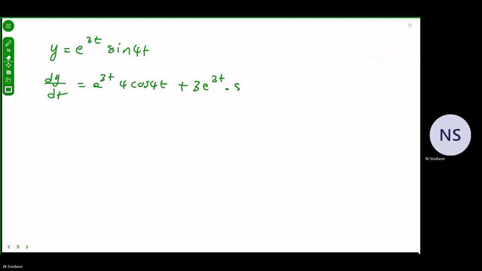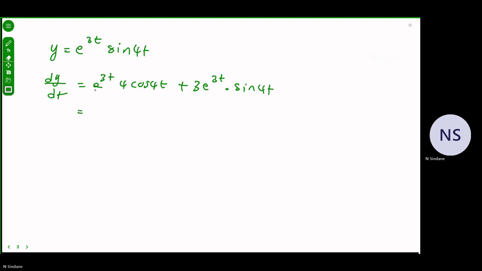Now, let's say you have y is equal to e to the power 3t sine of 4t, and they want you to differentiate this. This gives dy over dt equals: keep e to the power 3t constant, then differentiate sine of 4t to get 4 cos of 4t, plus differentiate e to the power 3t to get 3 e to the power 3t, with sine of 4t constant.